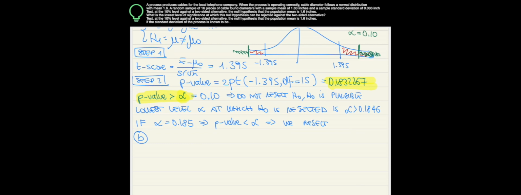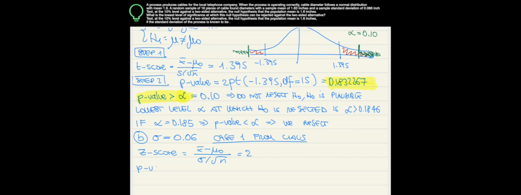So same as before, but this time we do have the value for the standard deviation, which is 0.06. So instead of a t-score, this is case 1 from the slides. We have a z-score in this case, and this z-score is x bar minus mu0 over sigma over square root of n. Now, I won't bore you with the calculations, but this is 2.